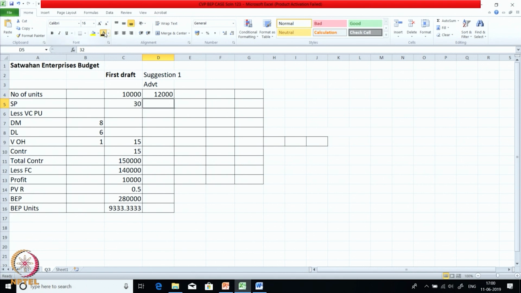Selling price is now 32. Direct material cost is not going to change, it is going to remain constant at 8. Write down the labor, variable overheads and so on and compute the profit for the revised budget.